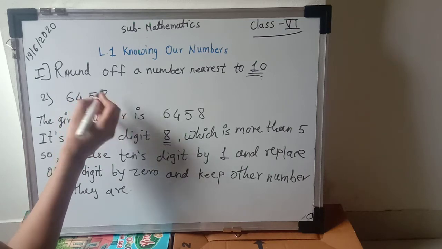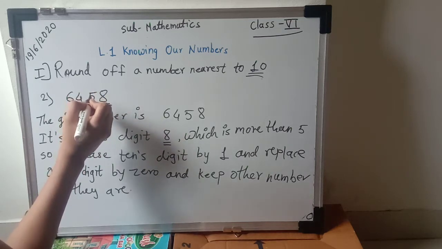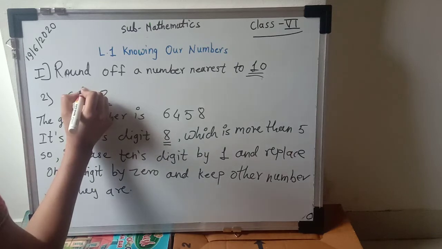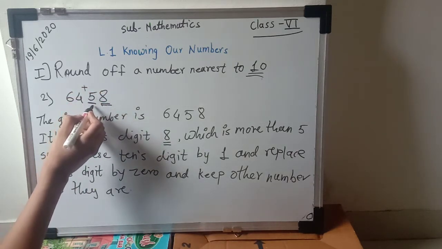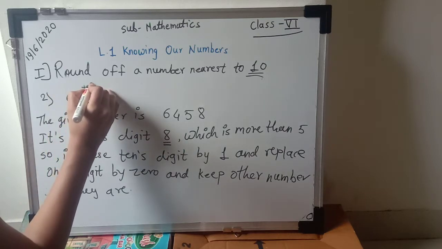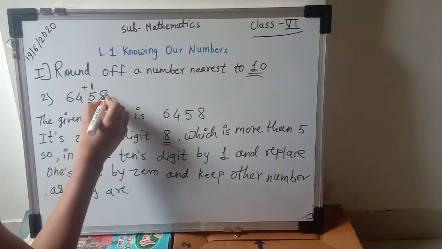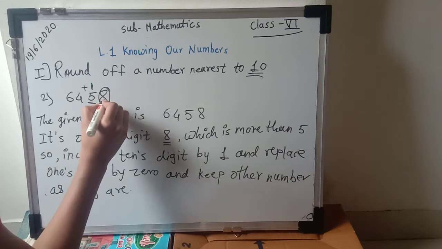When the ones digit is more than 5, we have to increase the tens digit by 1, so add 1 to it, and replace the ones digit with 0.